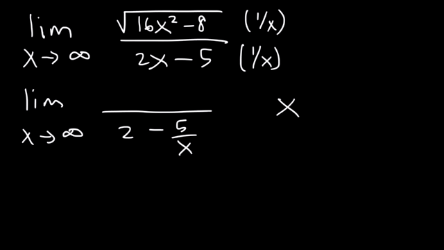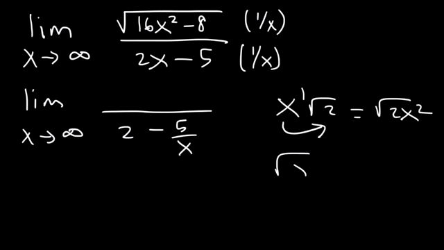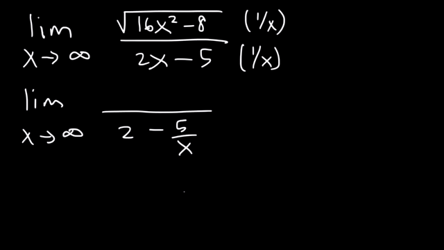So let's say if you have x root 2, and you want to move the x into the square root, you need to multiply the exponent by 2. So it's going to turn into 2x squared, because the square root of x squared is x. So if you want to move it back in, you need to double the exponent. So to move in 1 over x into the radical, we'll need to multiply the inside by 1 over x squared.